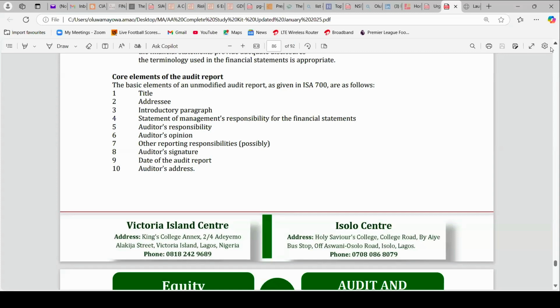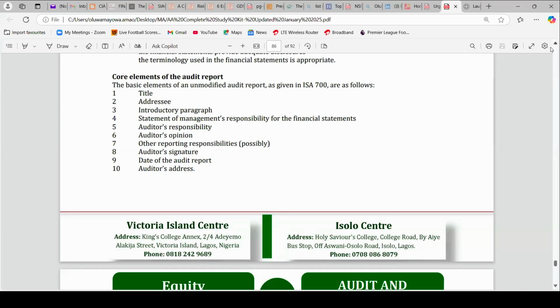And in the ICAN part, now listen, the ICAN part has title, addressee, audit opinion, basis for the opinion, going concern material uncertainty if applicable. Now, it's if applicable that you see in ICAN, and that's why it's not put in your text. Key audit matters should not be here because they put it as if applicable.